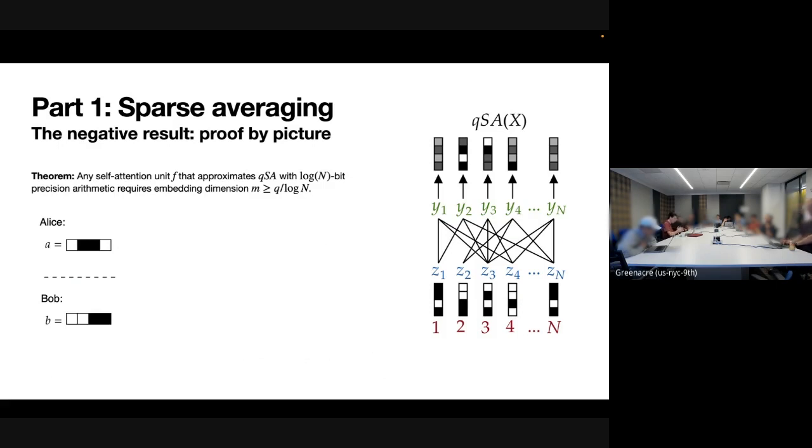So we're going to do a reduction powered by this approach. We're going to assume for contradiction that this doesn't hold, that there is a self-attention unit that has lower embedding dimension than Q over log n. We'll show that if that exists, then Alice and Bob can create a protocol that uses fewer than n bits and allows them to compute this function correctly.